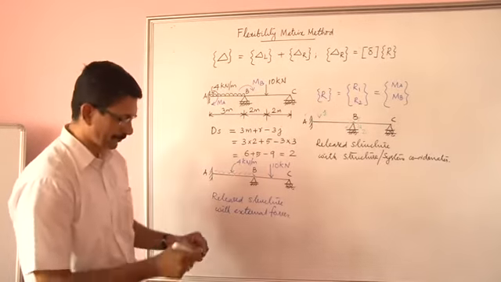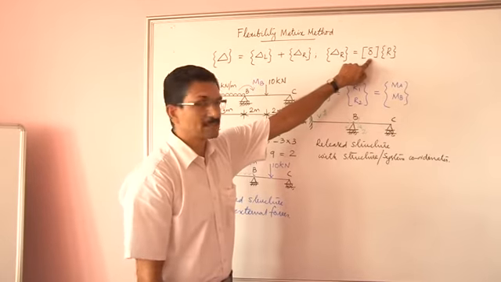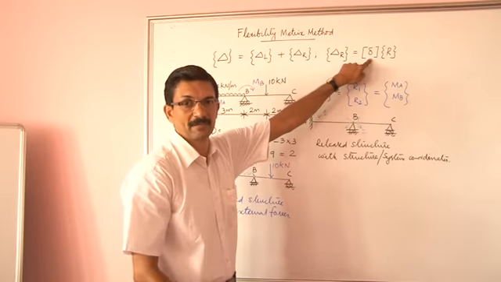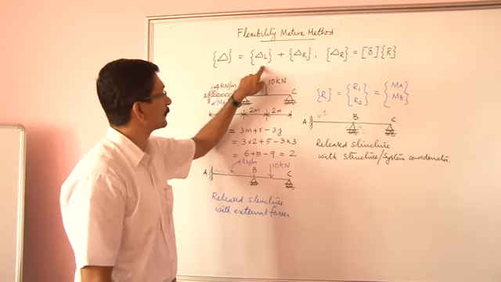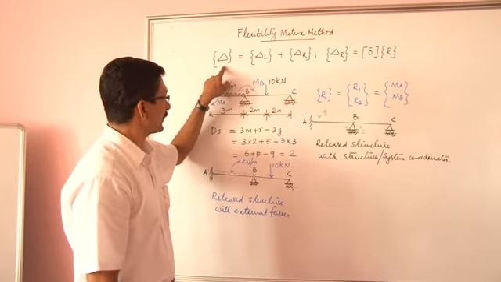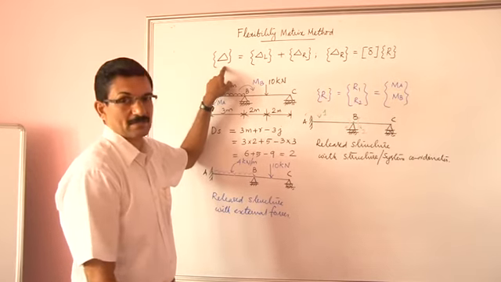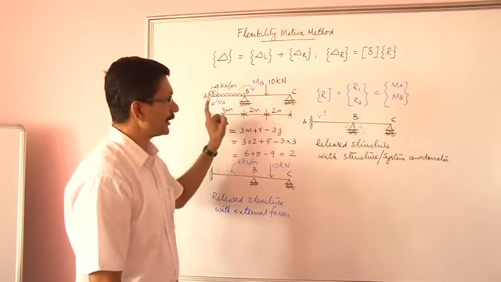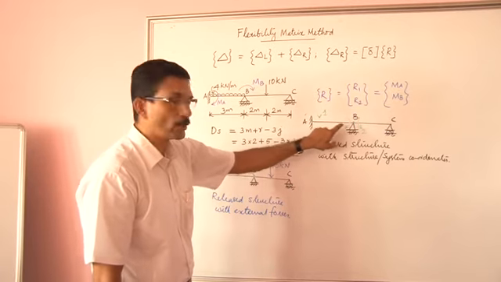Alright, now we have to establish this flexibility matrix, which is also called the structure or system flexibility matrix, and this displacement vector delta L, and of course this delta vector. This delta vector will contain the applied displacements corresponding to the joints A, B, C, etc. Now here we have chosen the coordinates at joint A and joint B only.